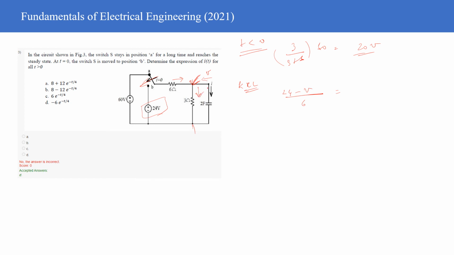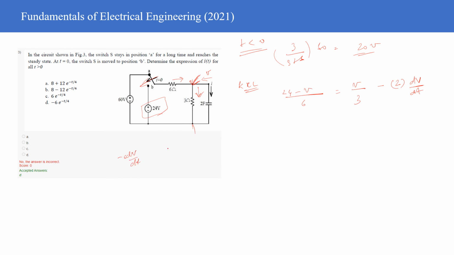So I can write voltage V divided by 3 and minus C dV by dt. So this is 2 dV by dt. One thing which you must observe, guys, is that when the capacitor is discharging, I'm writing the minus sign over here. So whenever the capacitor discharges, it's equal to minus C dV by dt.